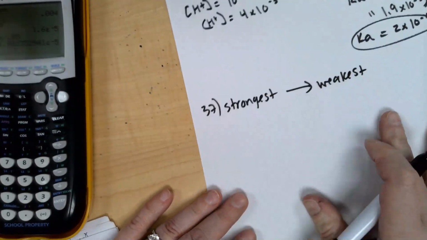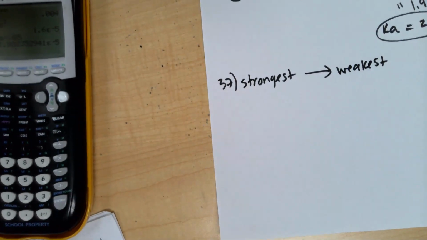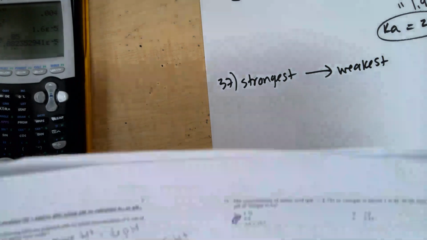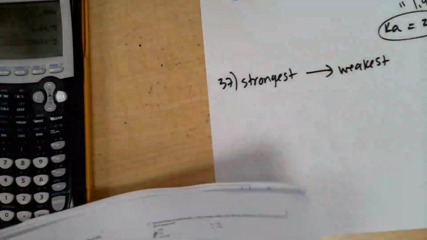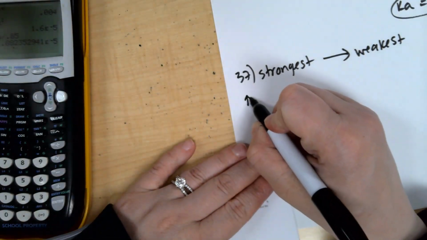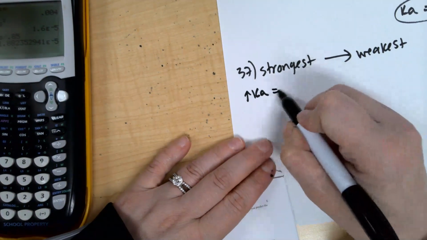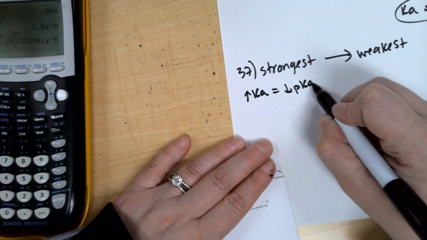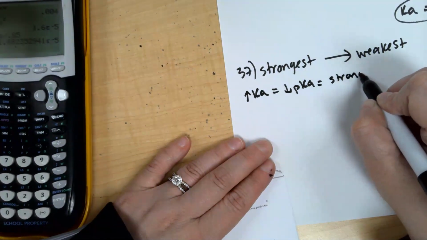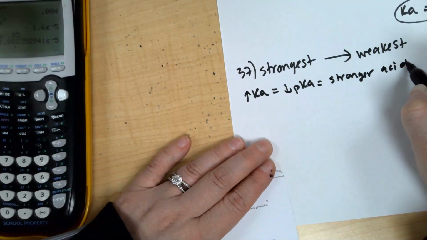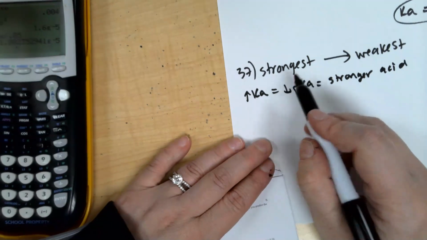This is an easy problem because it gave us the pKa values. The higher the Ka, the lower the pKa, and the stronger the acid. So we need the lowest pKa to rank from strongest to weakest.